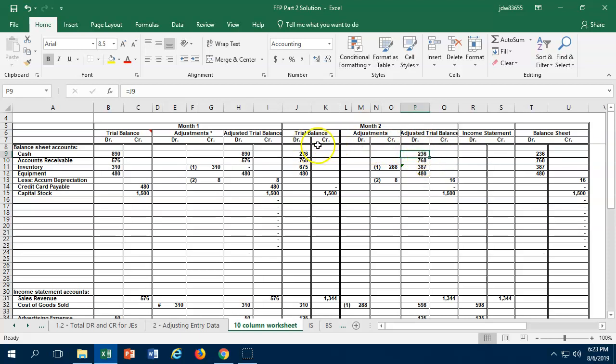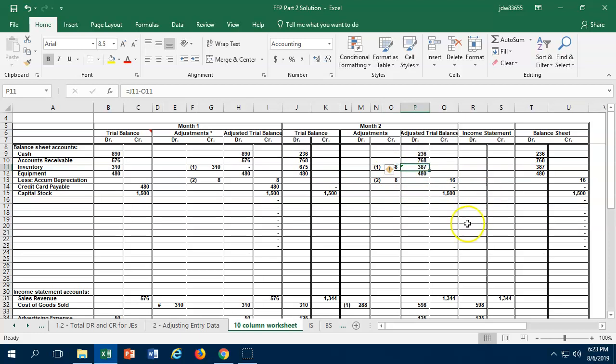it's the adjusted trial balance. It should just bring over what you already calculated in columns J and K, because remember, you calculated October and November's data. So this adjusted trial balance should be the same as the trial balance, except for the lines that you did adjusting entries for.